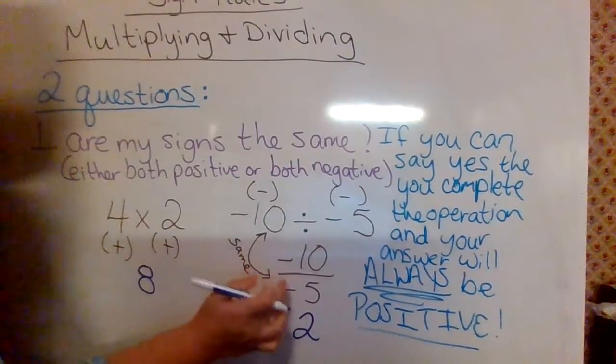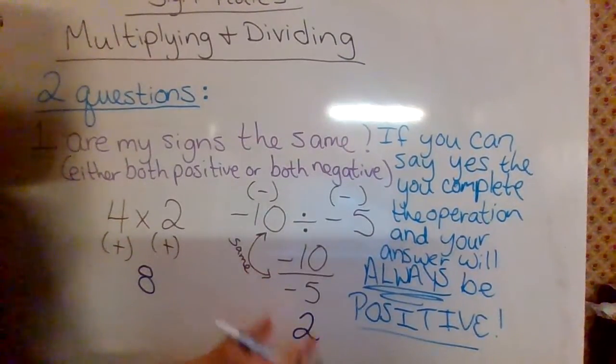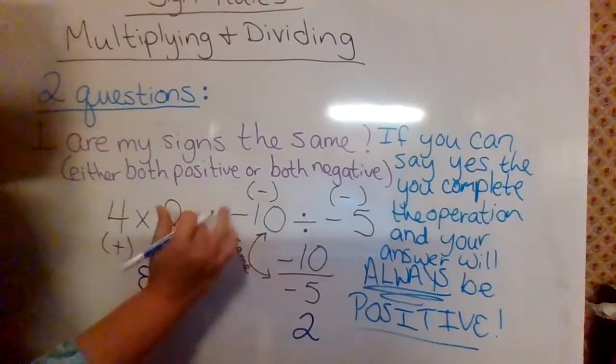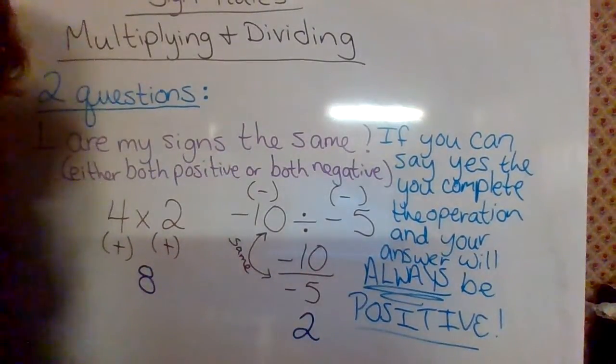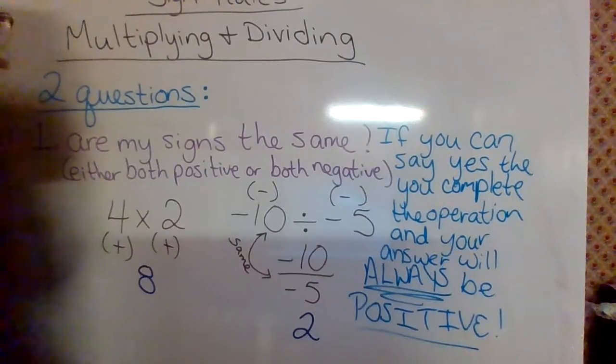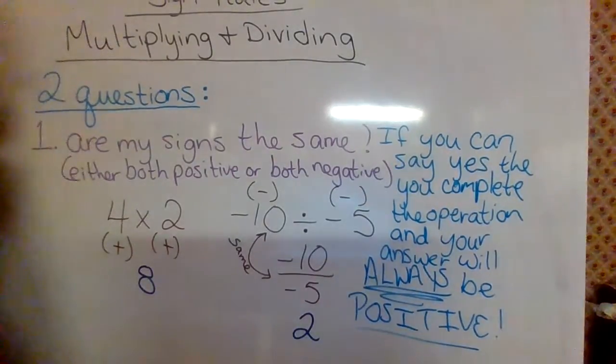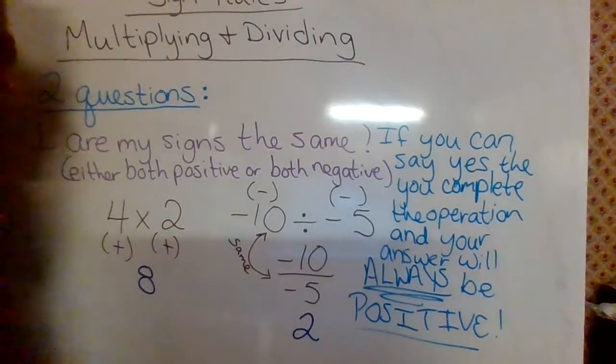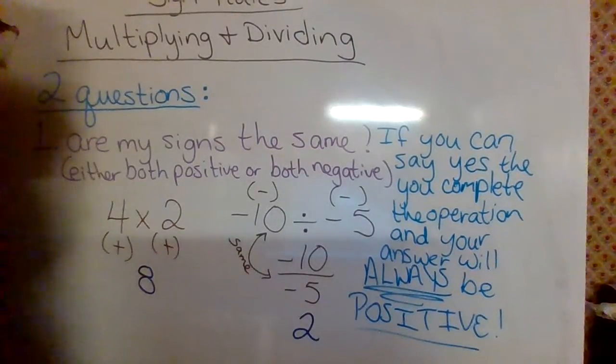A negative divided by a negative is a positive. Those negatives cancel each other out. Okay? So make sure that you remember that. That's going to come up again in just a little bit. So remember that 2 negatives are going to cancel each other out.